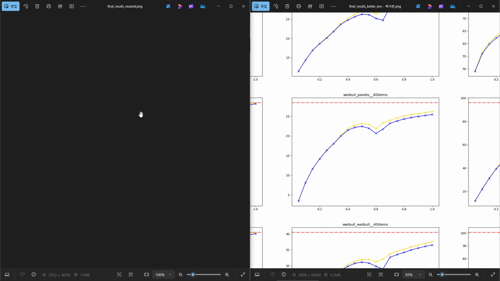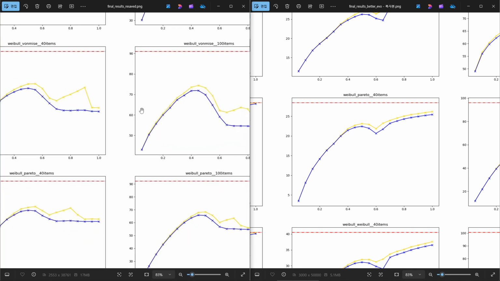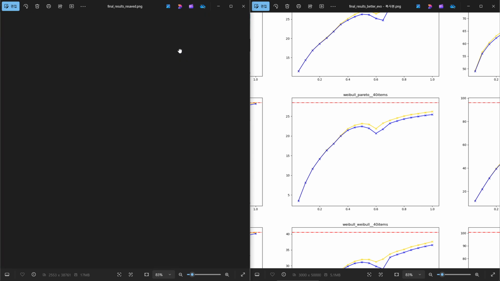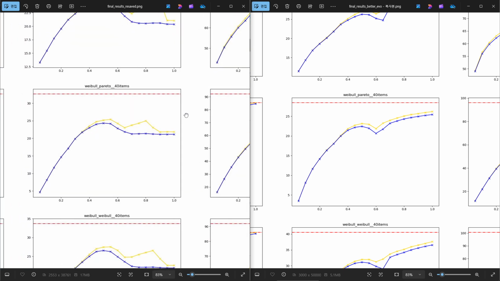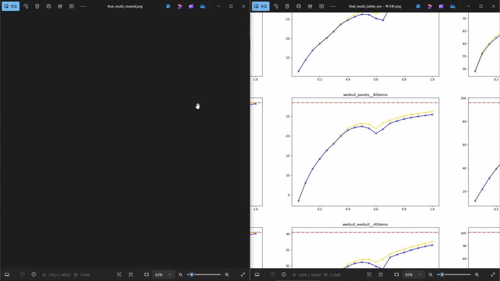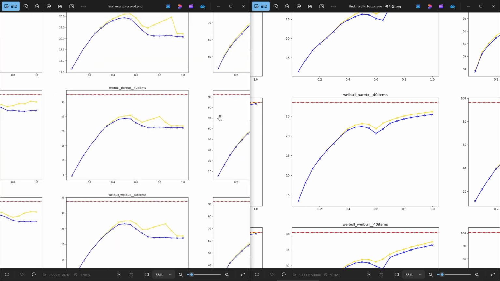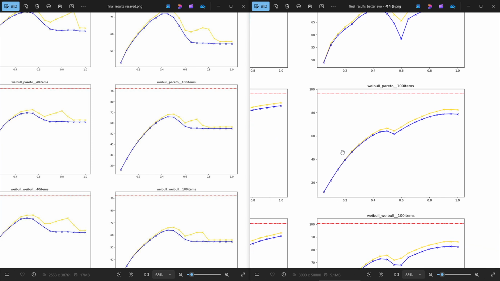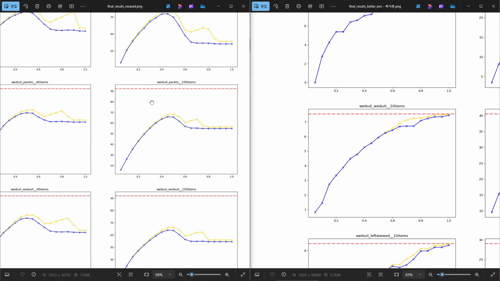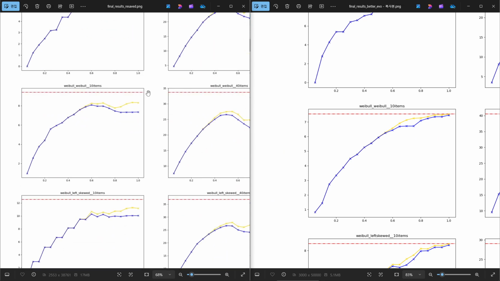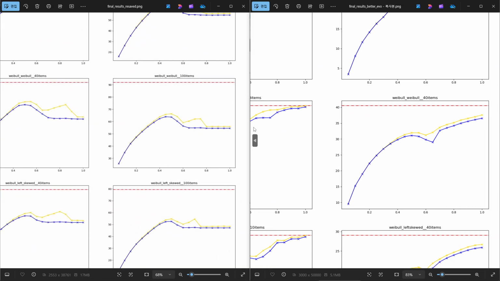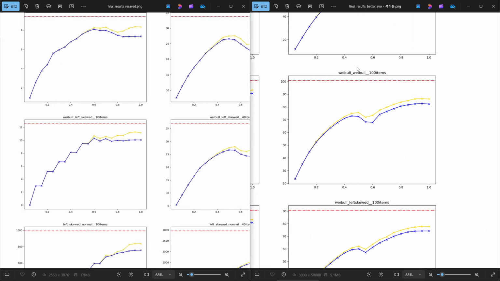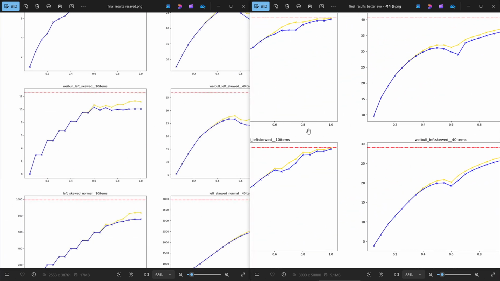Oh god. That's really annoying. Items, okay. Variable 10 items. Yeah, we've seen this. I've covered this. But anyway, variable left skewed.